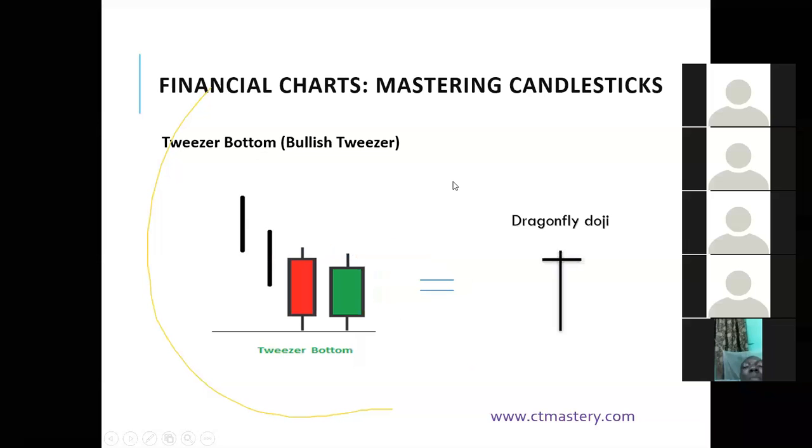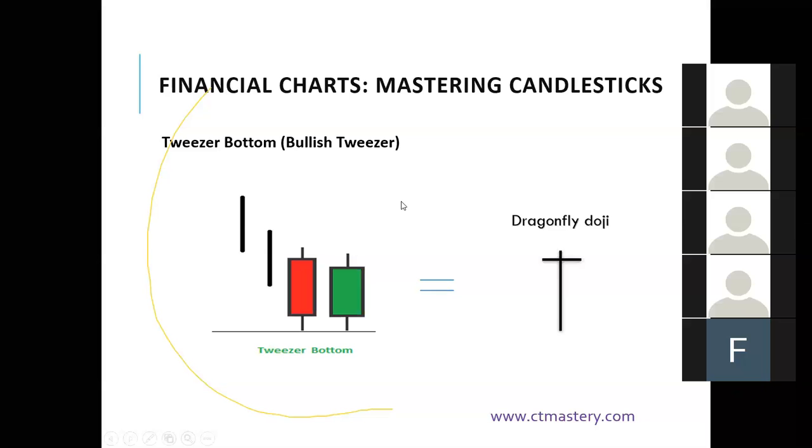The next one is the Tweezer Bottom, or the Bullish Tweezer. The same thing, if you combine the Tweezer bottom, you will get the Dragonfly Doji, which is the opposite of the Gravestone Doji.